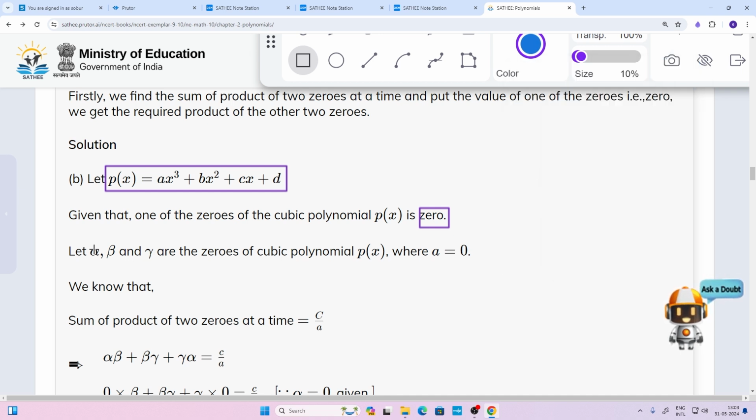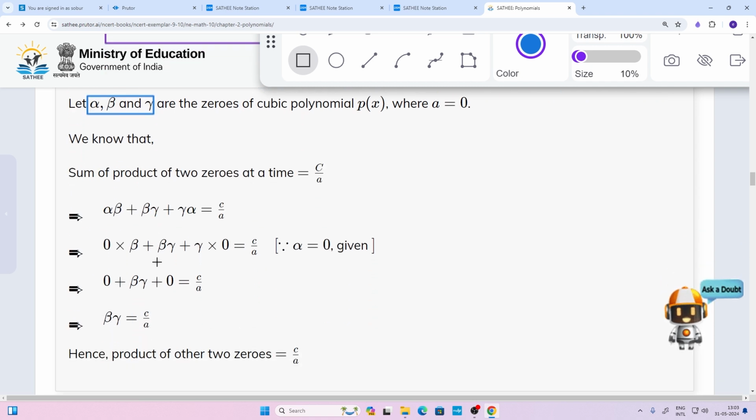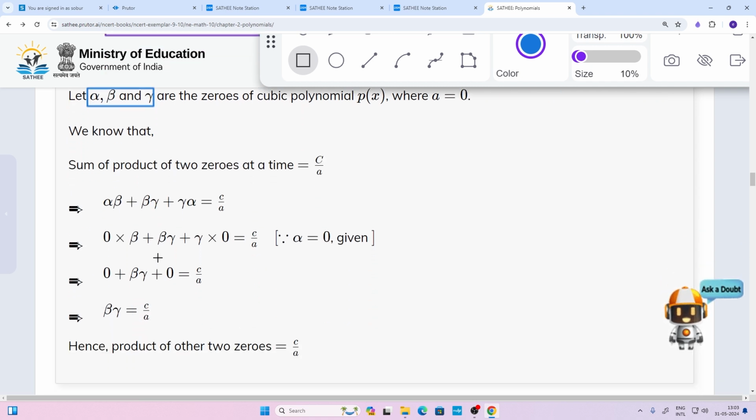So let alpha, beta and gamma be the zeros of the cubic polynomial P of x, where a is not equal to 0. We know that the sum of products of two zeros at a time is equal to the coefficient of x divided by the coefficient of x cube. So alpha beta plus beta gamma plus gamma alpha is equal to c upon a.